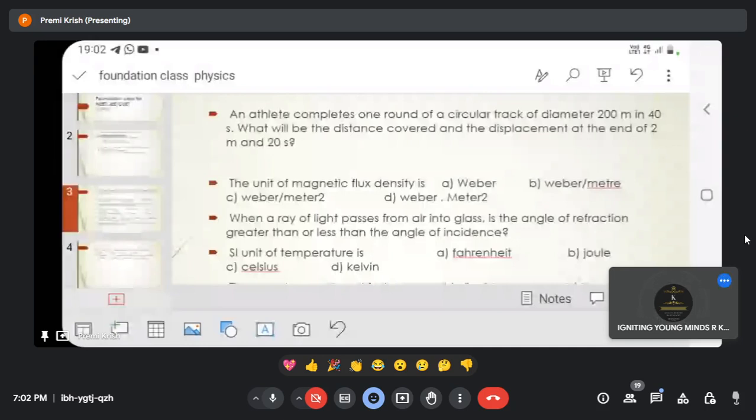Yes, yes. Okay. An athlete completes one round of a circular track of diameter 200 meters in 40 seconds. What will be the distance covered and the displacement at the end of 2 minutes and 20 seconds? Yes, sir. 2 minutes. Let me calculate.